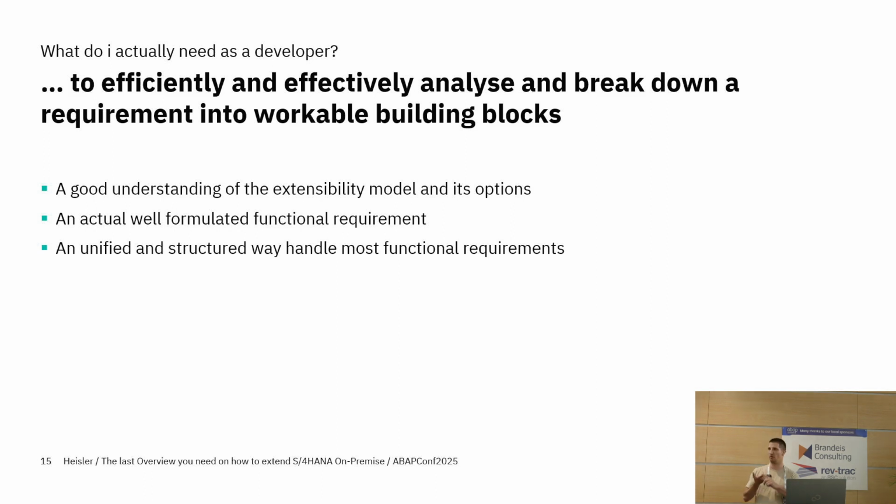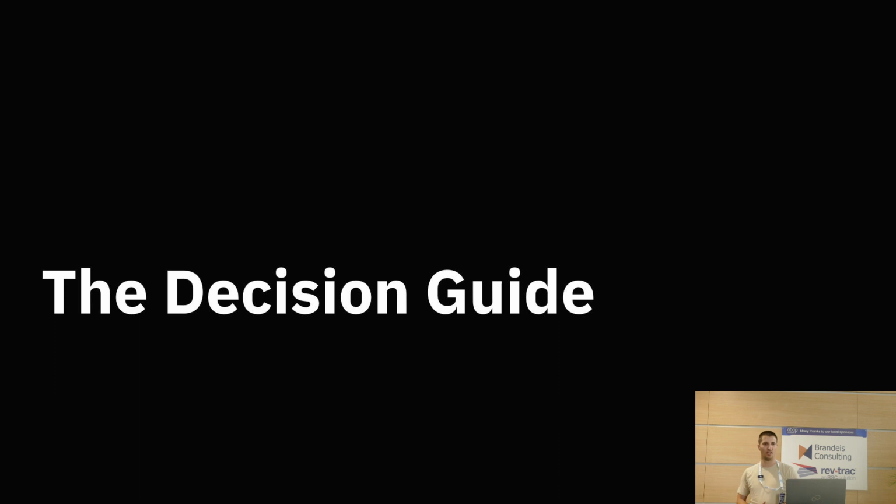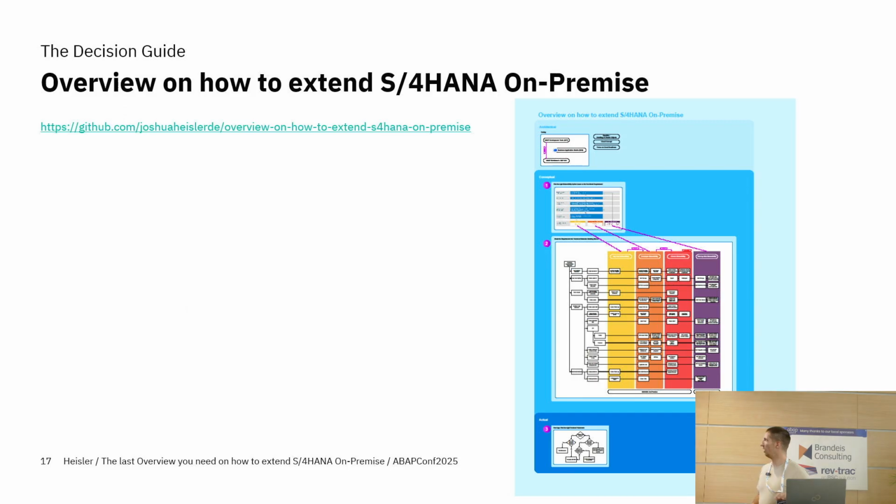We describe variable names, we describe how to handle translations and all this stuff, but we don't really describe how to work with a functional requirement, how to break it down, what technologies actually to use in most cases. And that's why I thought I'd try to bring all this stuff from SAP together with some stuff I learned over the years and create some kind of decision guide, which I'd like to present to you today.